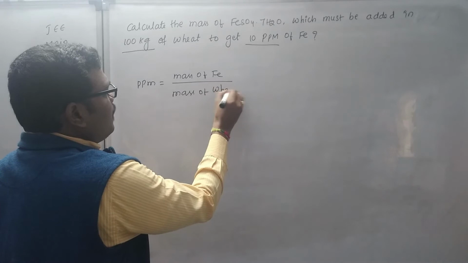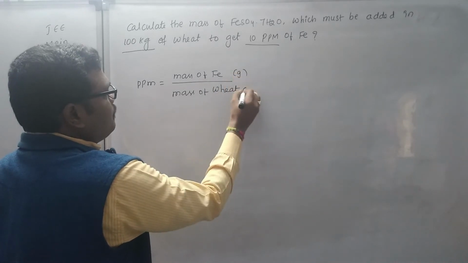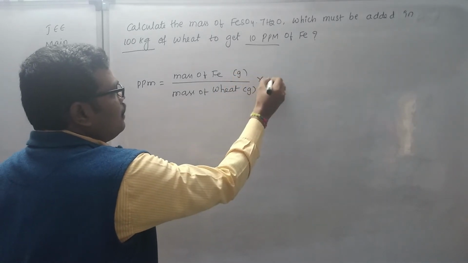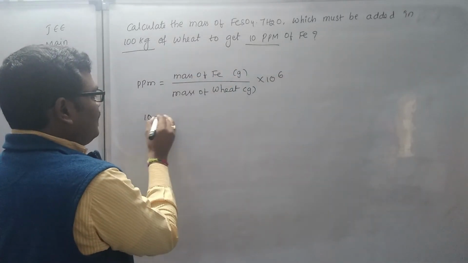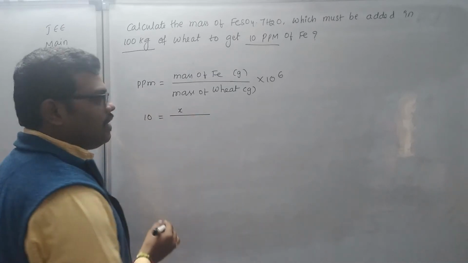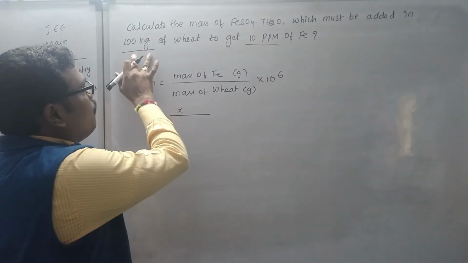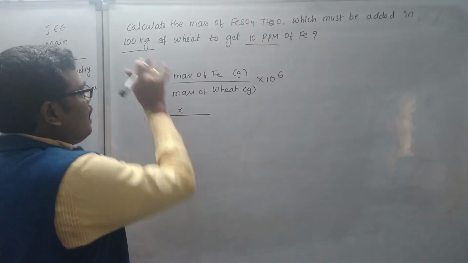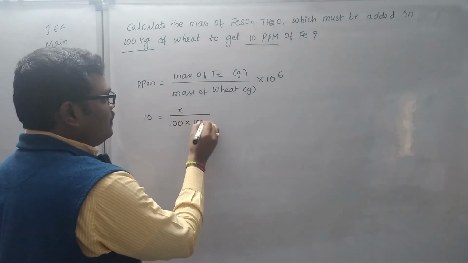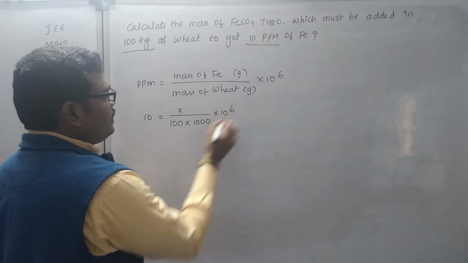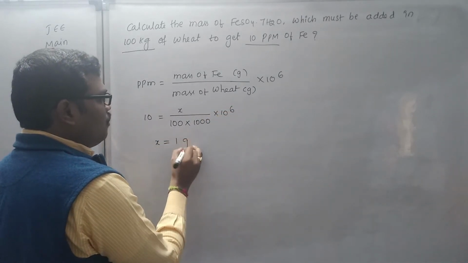Both should be expressed in grams times 10 power 6. So here ppm given in the question is 10, equal to mass of iron x. Then how many kilograms of wheat is given? 100 kilograms, convert this into grams times 10 power 6. From this we get x equal to 1 gram.